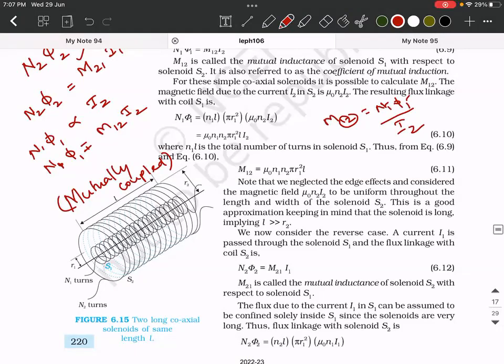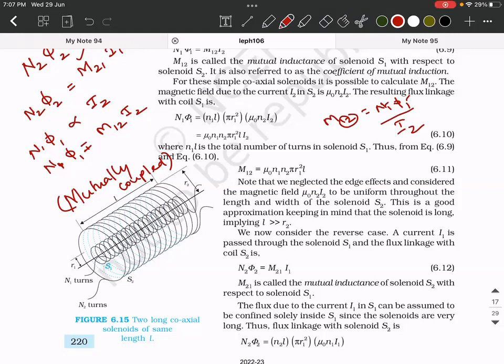So they take two long coaxial solenoids and they try to find M12 and M21. That is when we come to a conclusion that M21 and M12 are the same, provided the lengths of both the solenoids are the same. This is a derivation, actually, an example of this one.